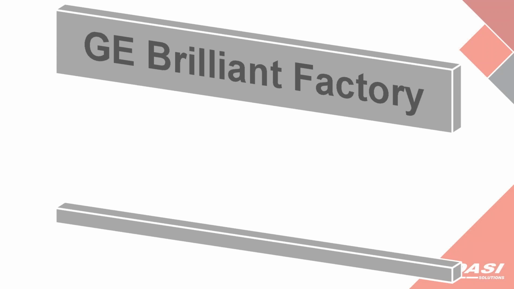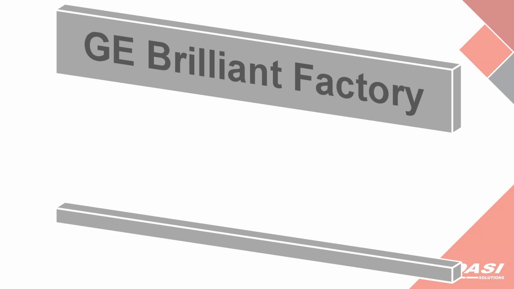Let's talk about this from a slightly different perspective. One organization that has already adopted this is GE. I'm not sure if everybody here is familiar with the GE Brilliant Factory, but essentially they have a couple of key goals. Their goal was to increase production.